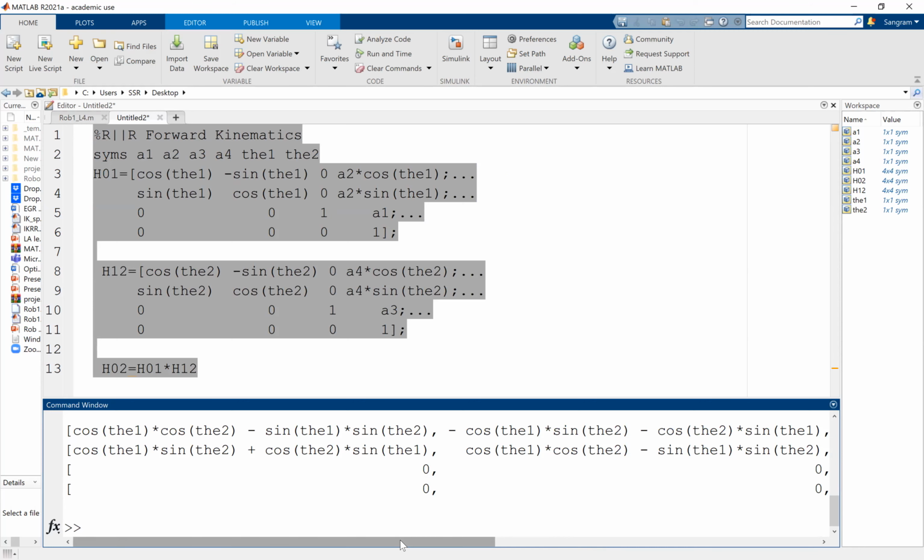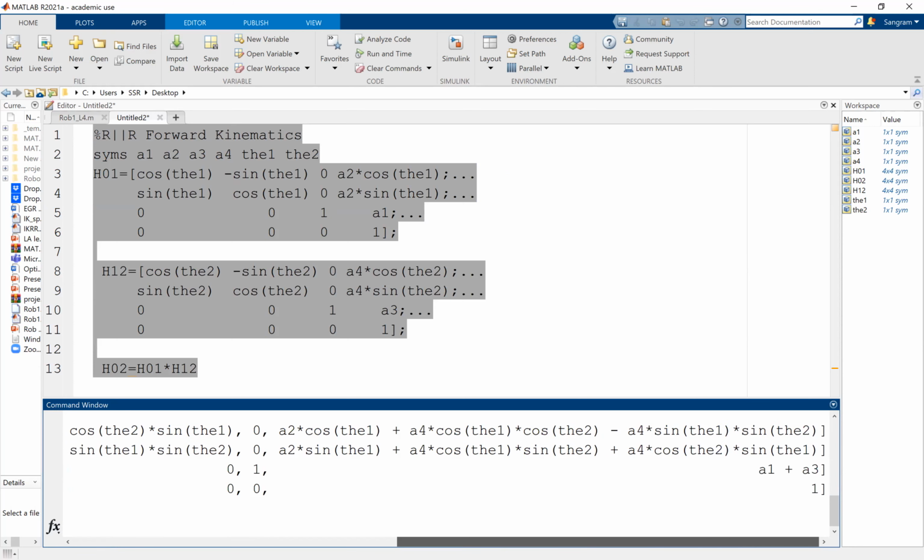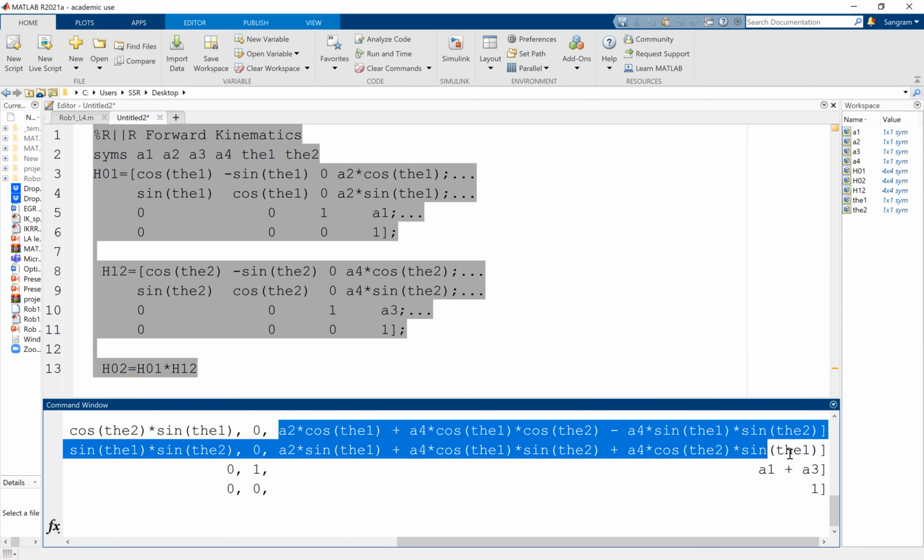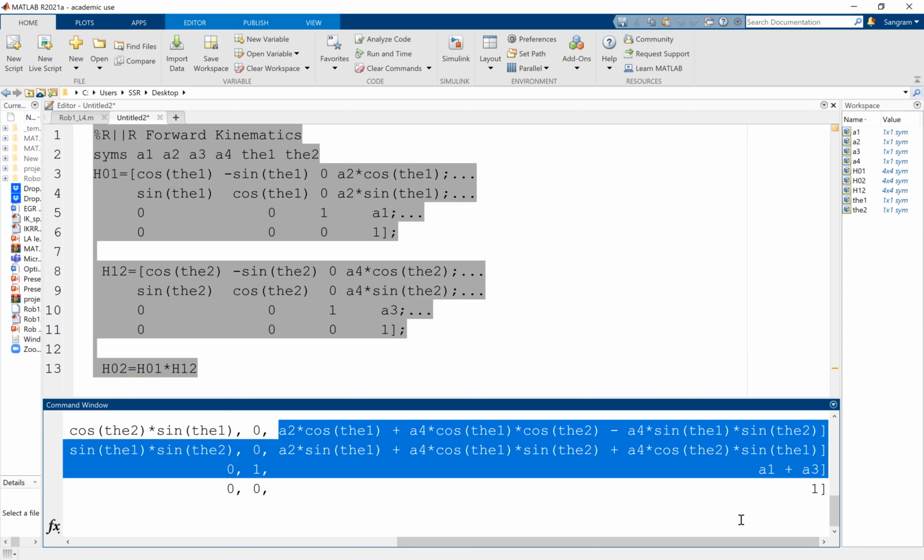Now, it's difficult to show the entire expression in one go, but I want you for a minute to look at this big expression which is right here. You can see that the position of Z2 with respect to Z0 makes kind of sense, because we first go up by A1, then go up by A3.